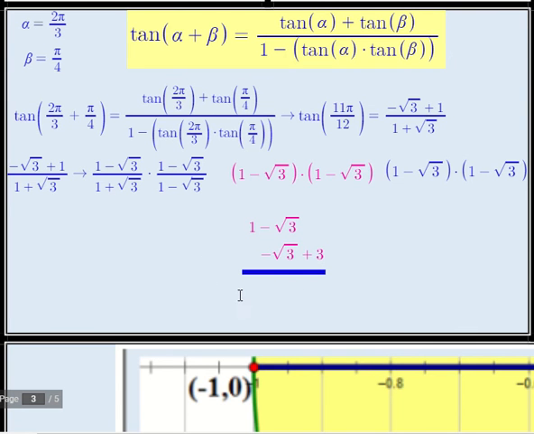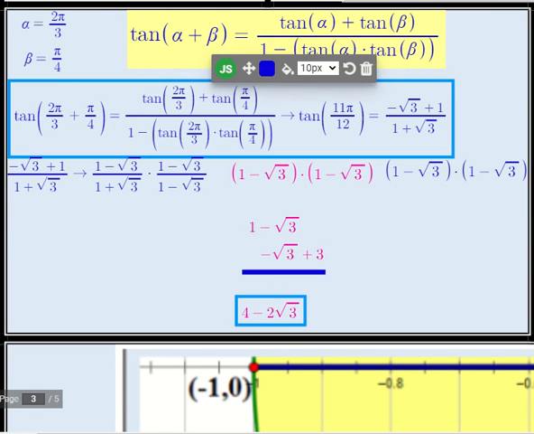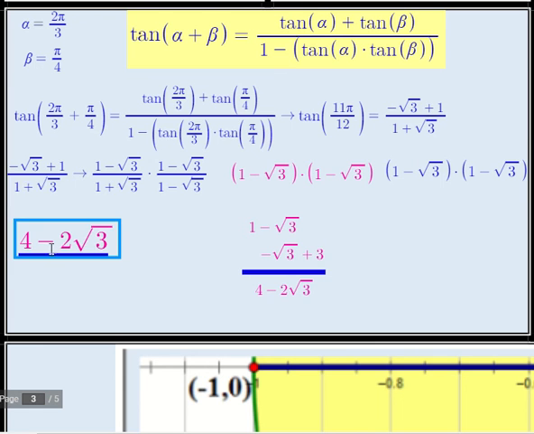Now, when we combine those, 1 plus 3 is 4. But I've got 2 negative radical 3, so it's 4 minus 2 radical 3. So that's our numerator, 4 minus 2 radical 3.